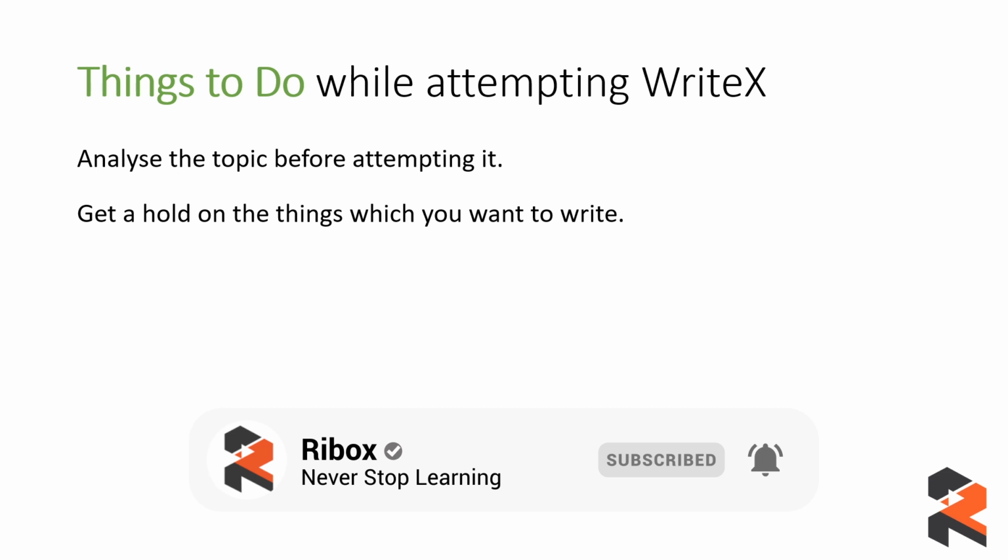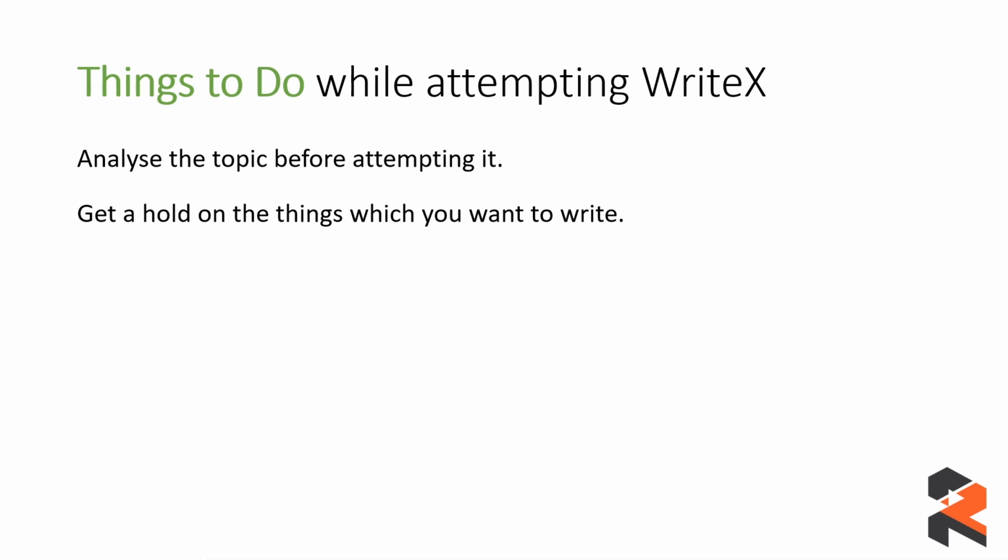Now since the topic can be really vast, so for example if it is a debatable topic, then in that case there are two sides and there is a lot of room to talk about, but you don't have that many words, so that can be a problem. So always get a hold on the things which you want to write. Pick up 2 to 3 things which you think are really at priority and should be talked about.